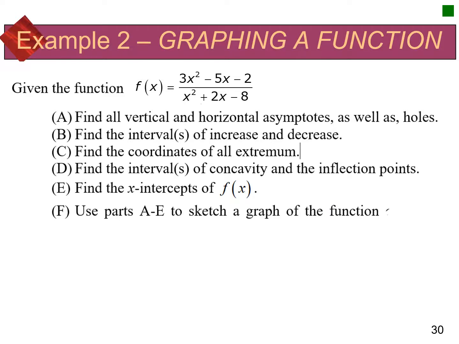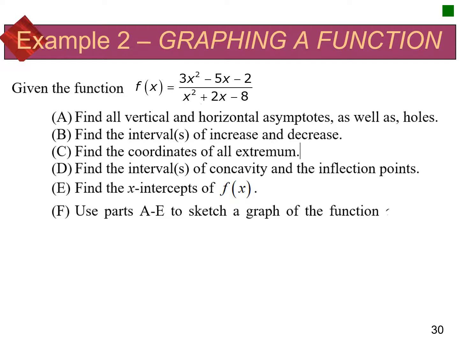So I'm going to look at this function here. We're going to walk our way through each one of these so we can sketch a graph of what this function will look like. We're going to look for all vertical and horizontal asymptotes as well as holes, and we're going to identify those with limits. We want to find any intervals of increase and decrease, and we're going to use the first derivative for that. We'll find coordinates of relative extrema: any maximums or minimums, any place where it tops out or bottoms out.